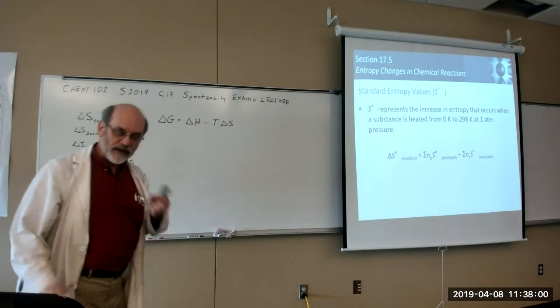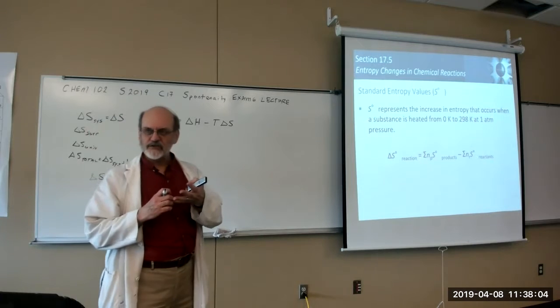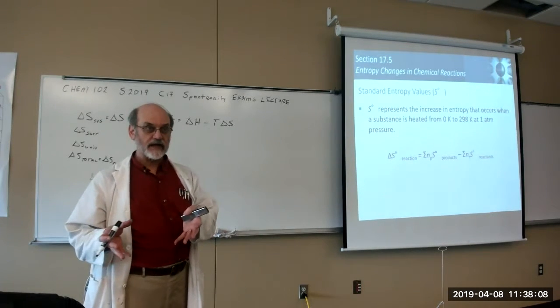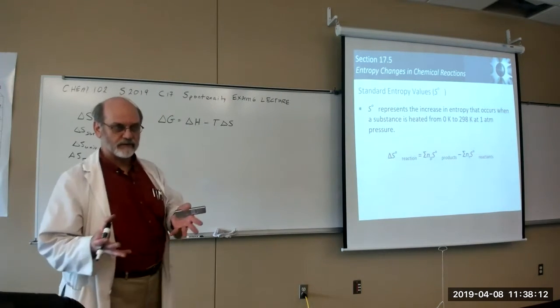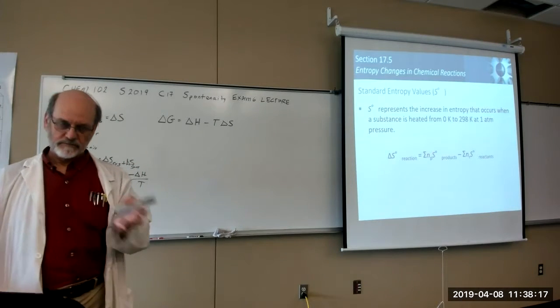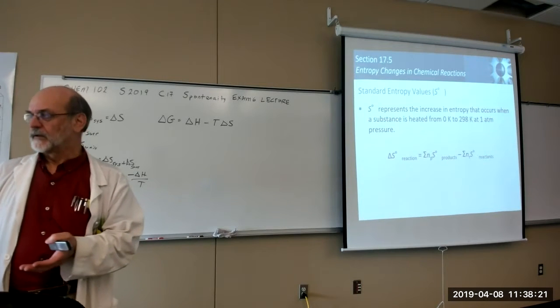Right? So what that means is, remember delta H's, it's possible to have 0 delta H for a compound. Well, actually, all elements in their standard states have a delta H of 0. Right?